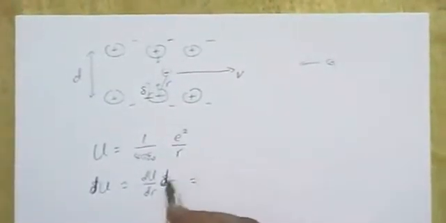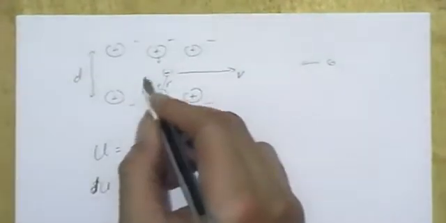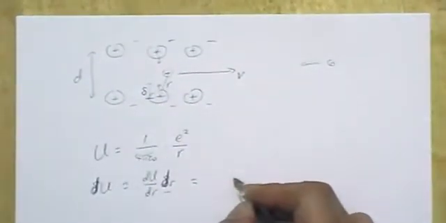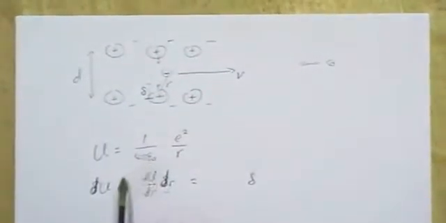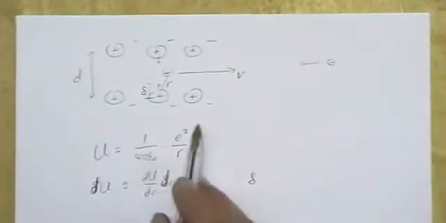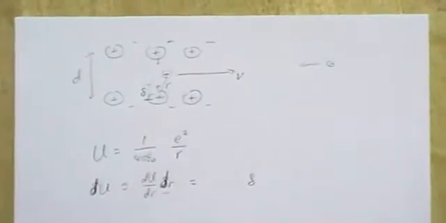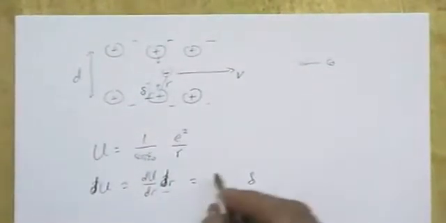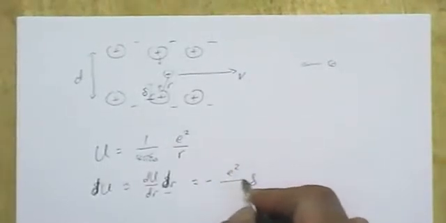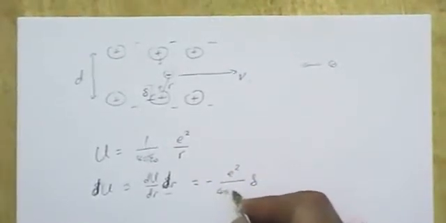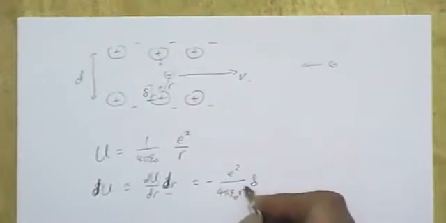And in this case, the dr here is the delta. The du dr would be obtained by differentiating that. So that gives minus e squared over 4 pi epsilon naught r squared.